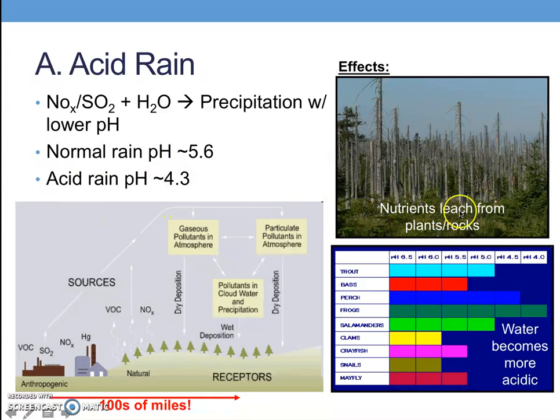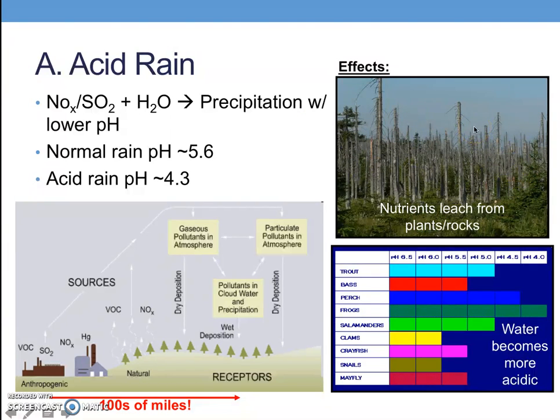So over here on the right, we see effects. One thing that can happen is that the acid in the precipitation can cause nutrients to leach from plant leaves, and that ultimately kills those leaves, and then the plants will die as well. So this forest has suffered the effects of acid rain.